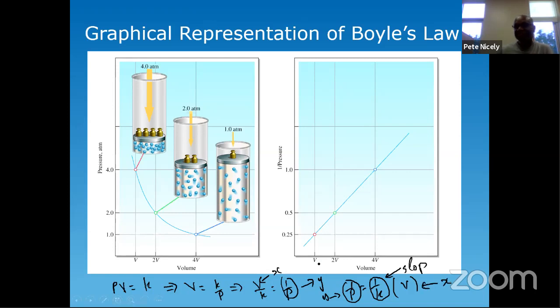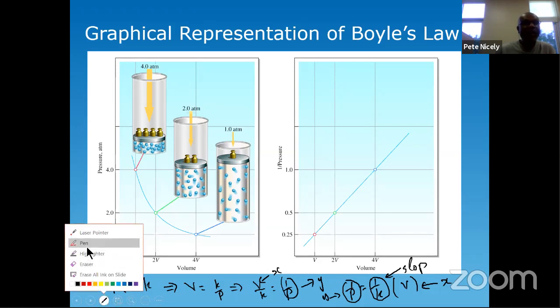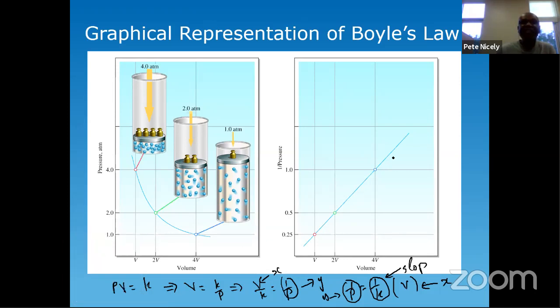And that's basically the reason why you get a straight line relationship when you plot 1 over P versus V, all right? So these are just two ways of representing Boyle's law.